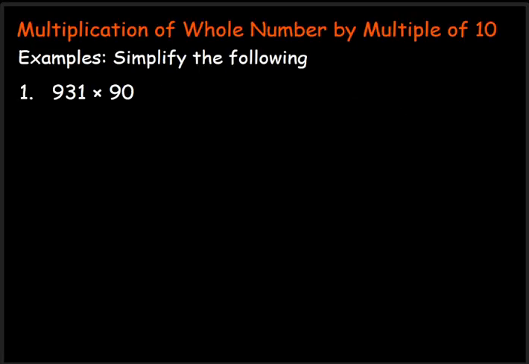Okay, so we move to multiplication of whole numbers by multiples of 10. So let's see what we have here. Solution. Now this is just an easy way to solve this. If you have 931 times 90, this is a multiple of 10, not a power of 10.